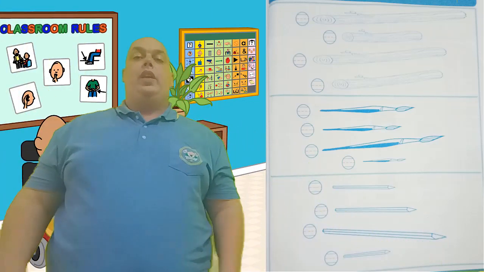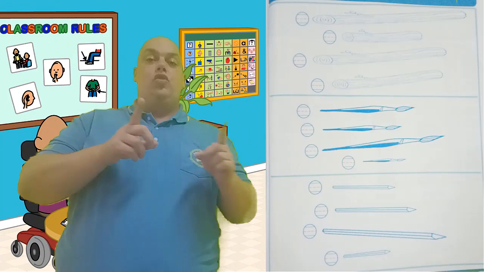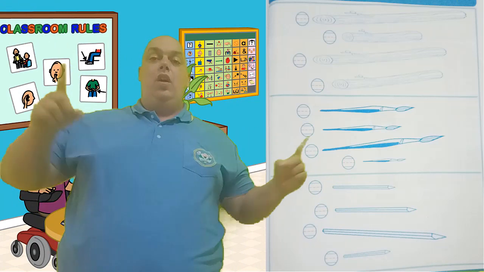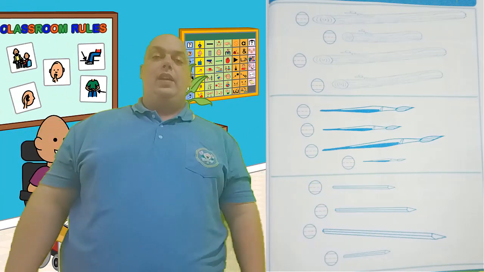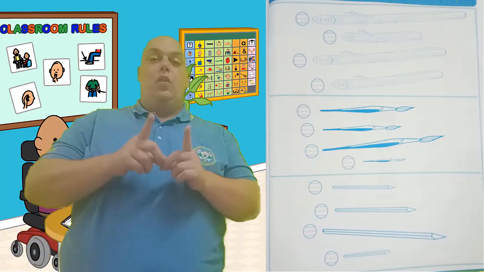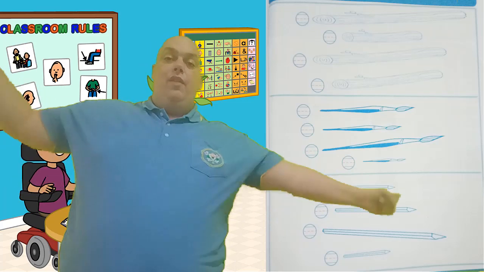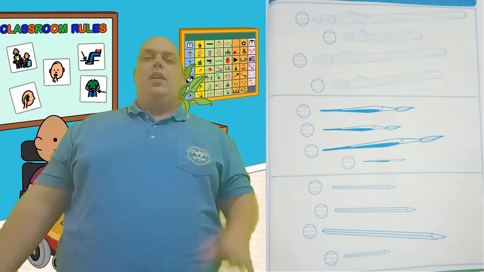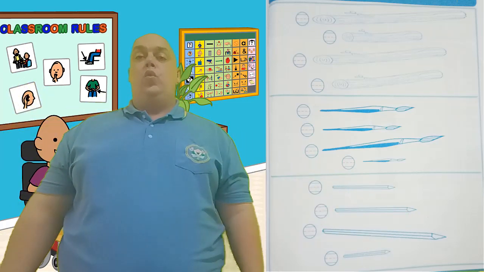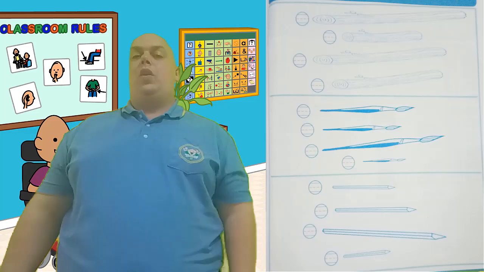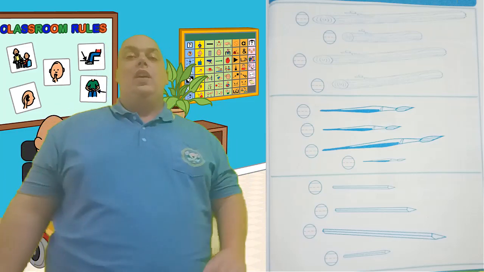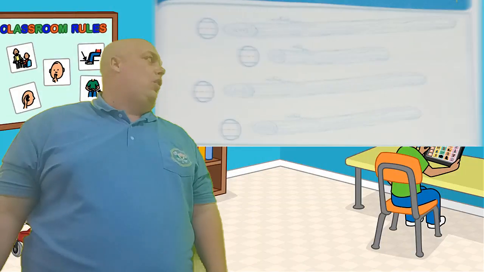Yeah, so we're going to do it in steps. So 1, 2, 3, 4. Yes, we write down from shortest to longest. Okay, now don't worry, we're going to do the first 2 together, but I want you to do the last one by yourself. So let's have a look at the logs over here.